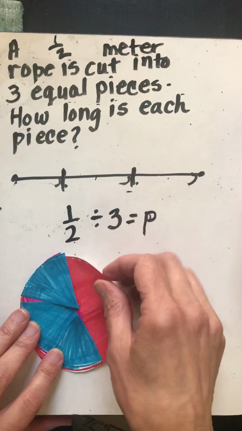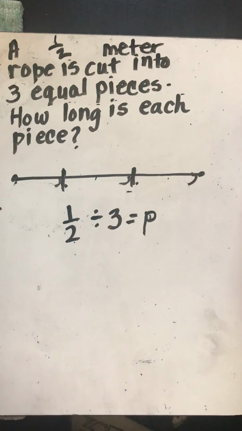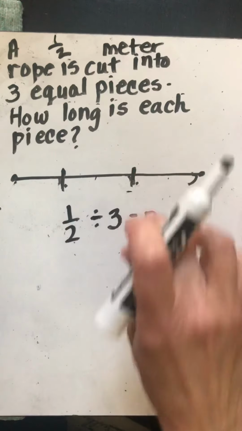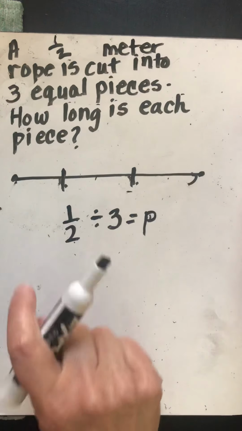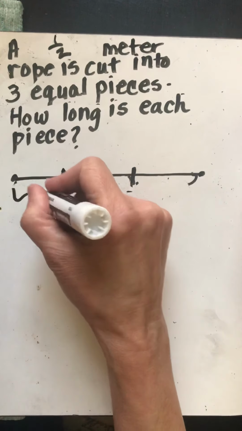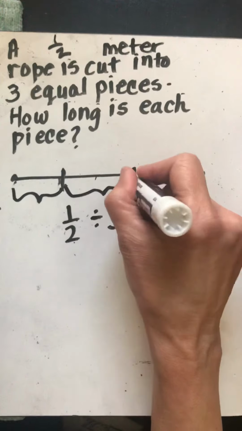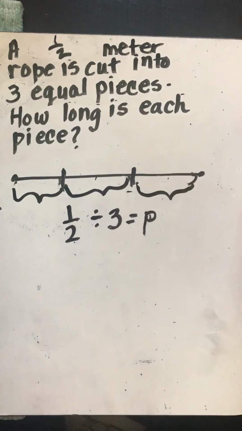Now, let me just show you one other little way. You can also do it with a number line. If you have 3 equal parts, and this is equaling 1/2, how much is one little section going to equal? So think about that for a second.